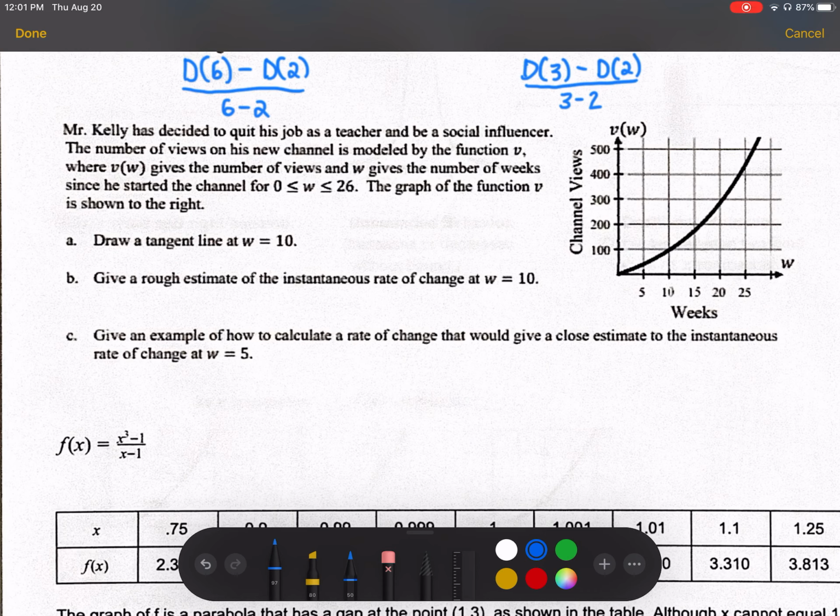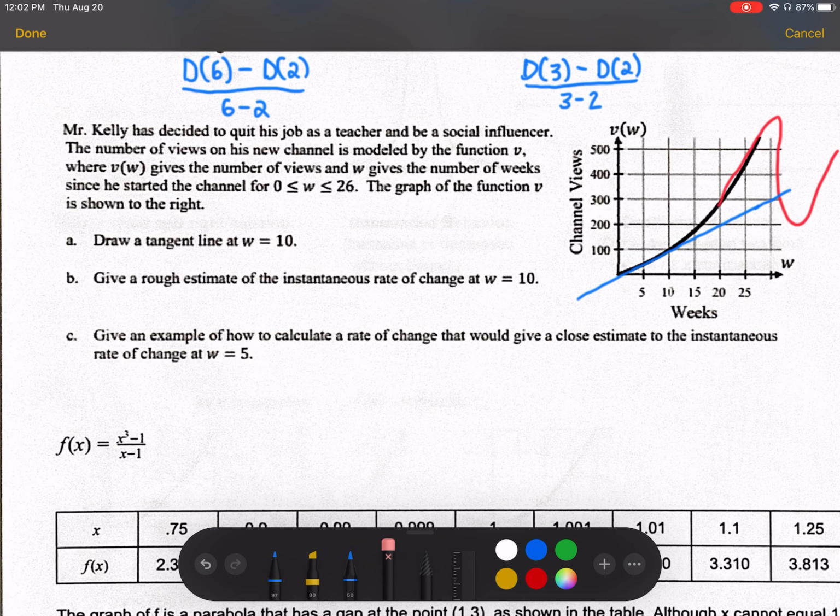And so what a tangent line is going to be is it's going to touch only one time in a specific point. Okay, now that can be kind of confusing because if this graph continued on, then technically, if we continued this line, it would touch the red part of the graph.